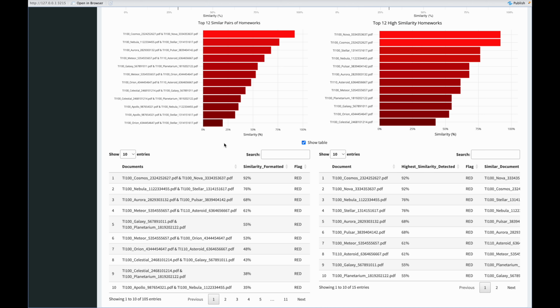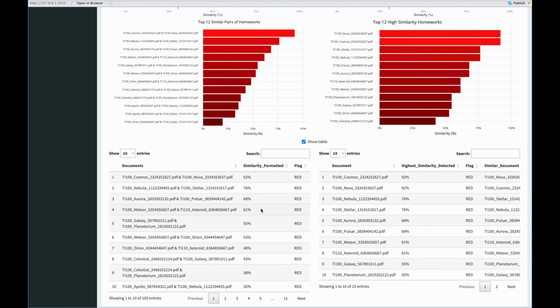Okay, let me explain to you starting from the left one right here. So these are pairs, okay? It's pairs of homeworks. As you can see, it's Cosmos and Nova, it's Nebula and Stellar, it's Aurora and Pulsar. And this is their similarity, and it's red flag. Why?